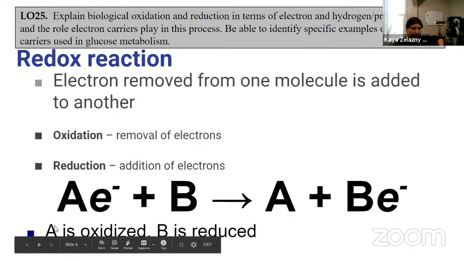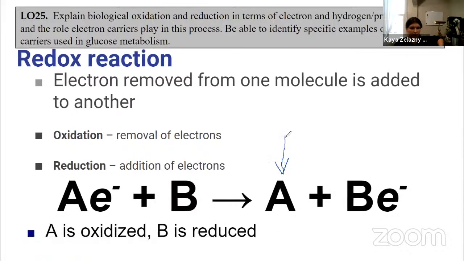So in this case, A is oxidized as we go from this A with an electron to this A without an electron. So this one would be the oxidized form. B gained an electron, so B here is the reduced form.